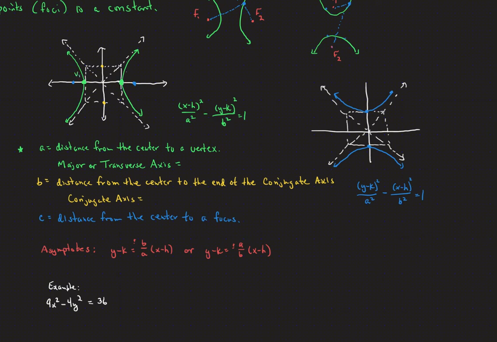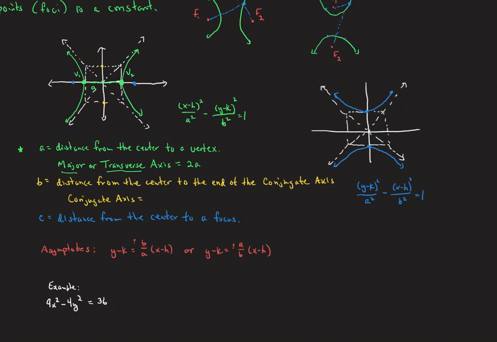So that's one vertex, that's another, and the distance from the center to the vertex, that distance is A. That segment that connects the two vertices is known as the major axis or the transverse axis, and so that's always going to be equal to 2A.